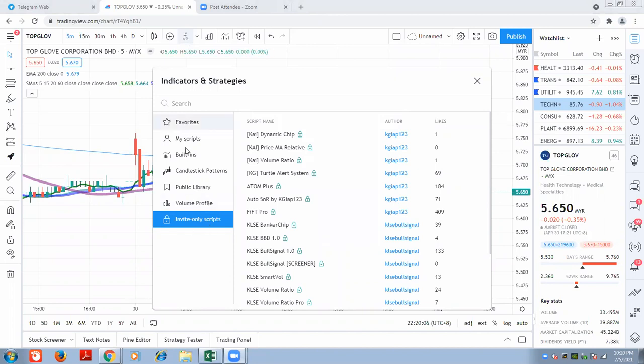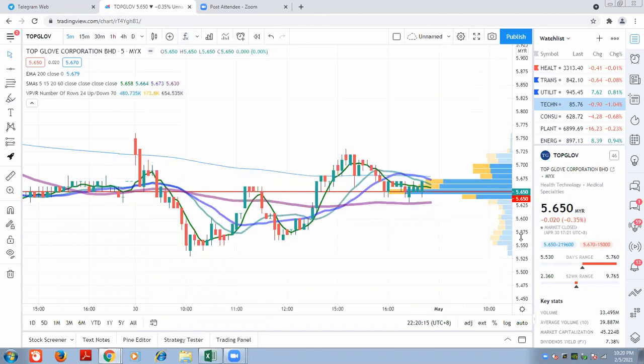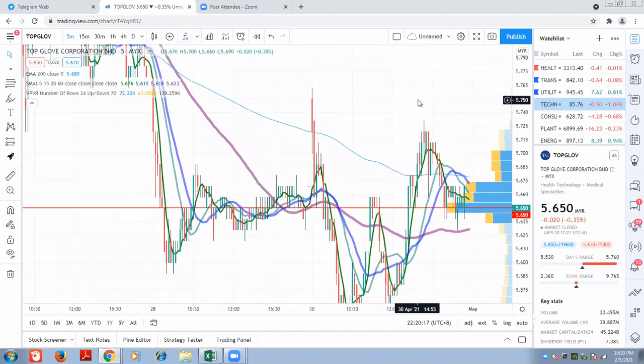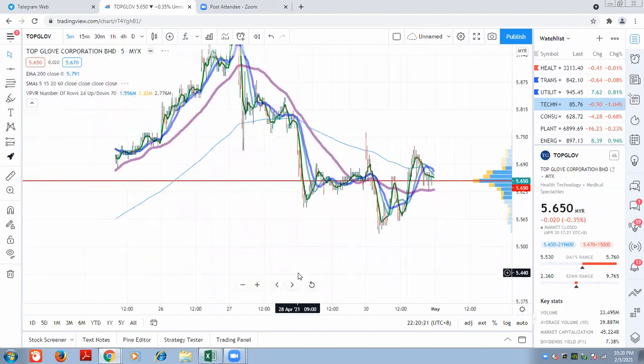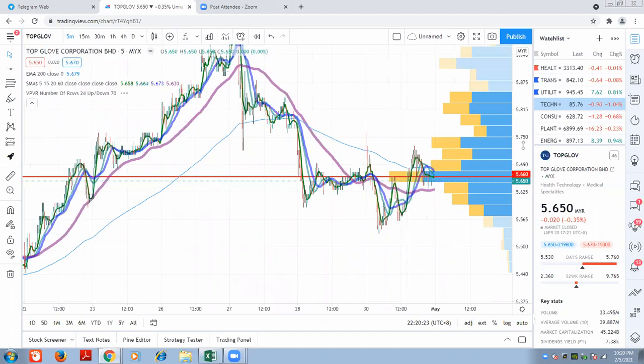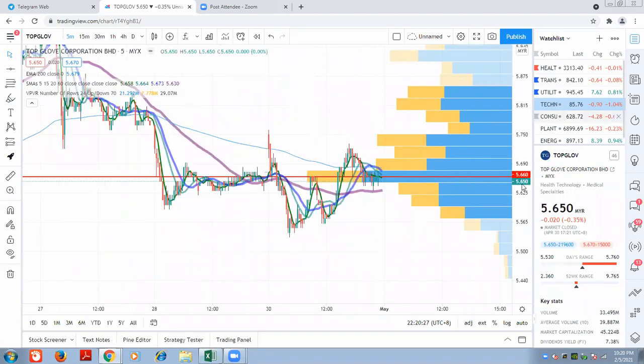Go to the volume profile, visible range. All right, so now you have the accumulated. The highest area is the TRL.